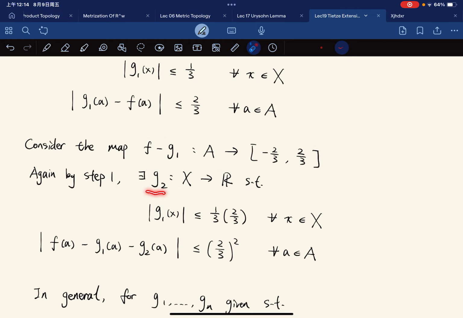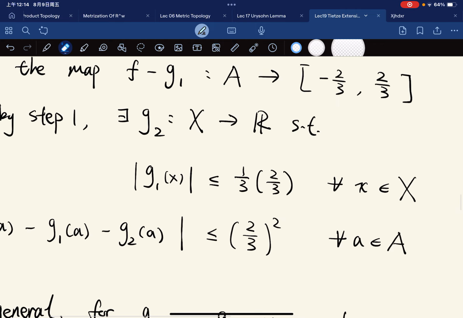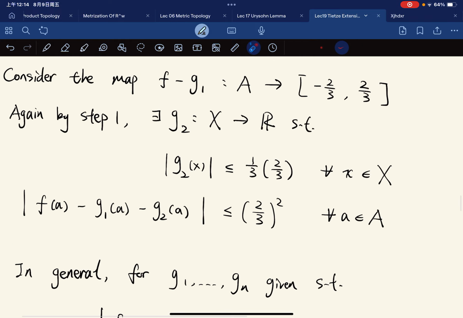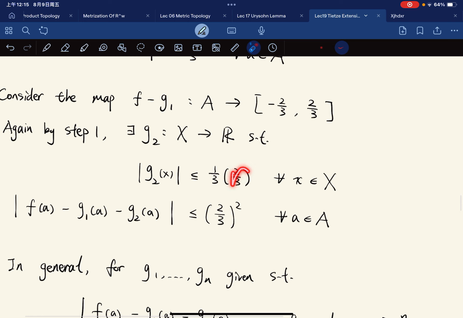There is another function g2 such that g2 is in [-1/3 times 2/3, 1/3 times 2/3], where r is 2/3, and it approximates f1 minus g1.